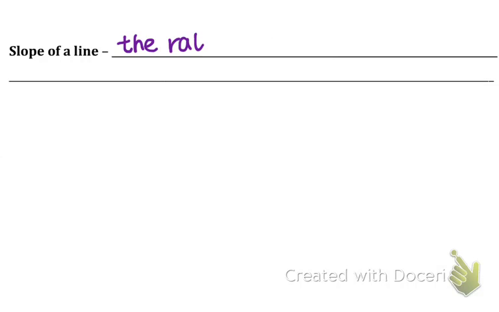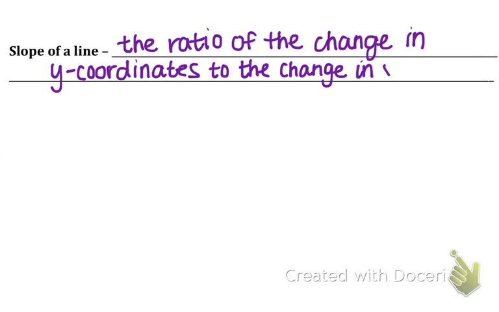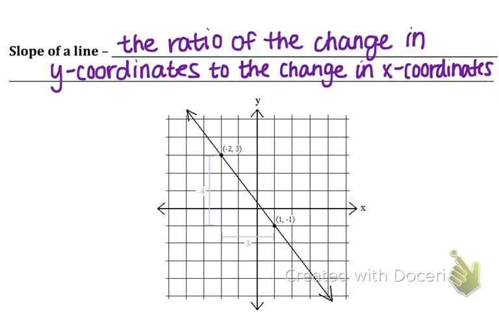The slope of a line is the ratio of the change in y coordinates to the change in x coordinates. So to help you out with that definition, here's a picture. In this picture, we have 2 points that are located on a line.